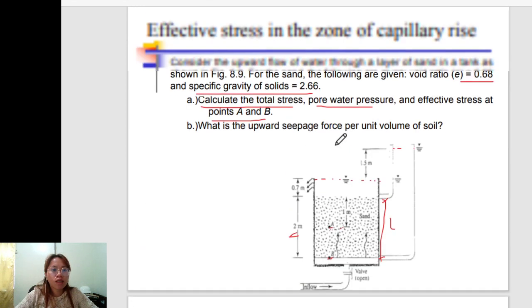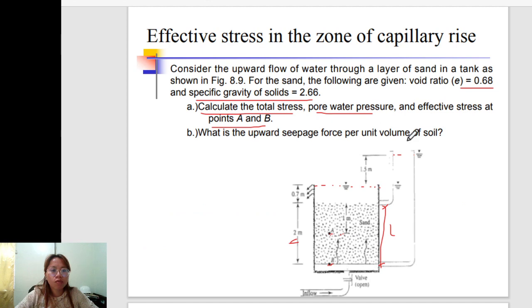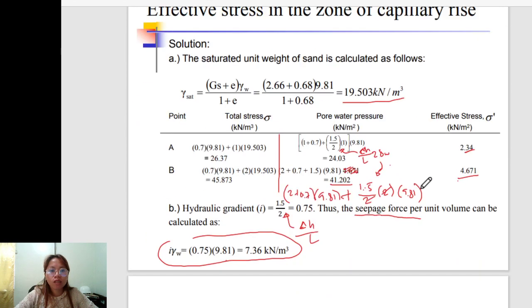For letter B, what is the upward seepage force per unit volume of the soil? So try to solve the example again for mastery.